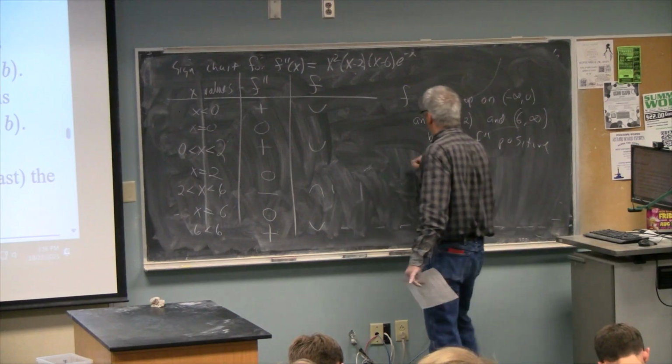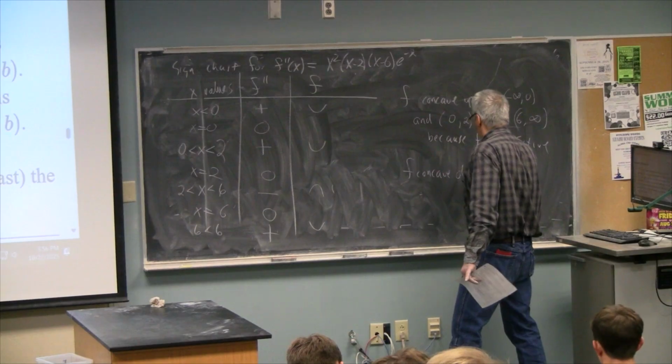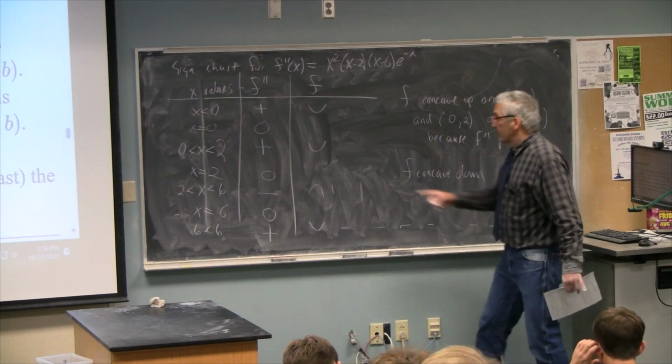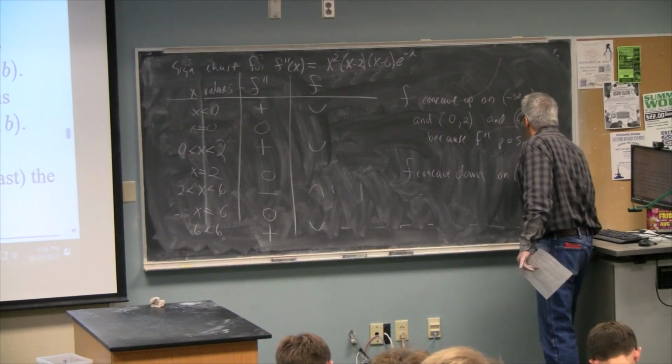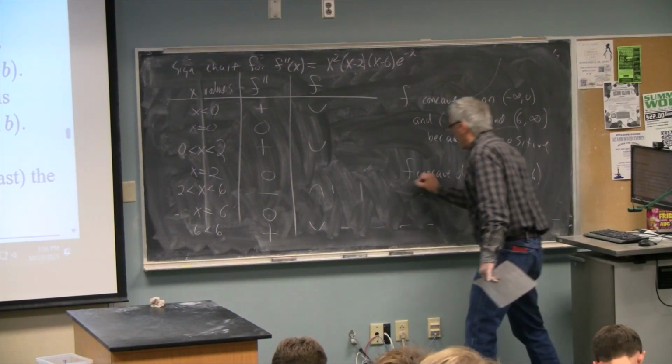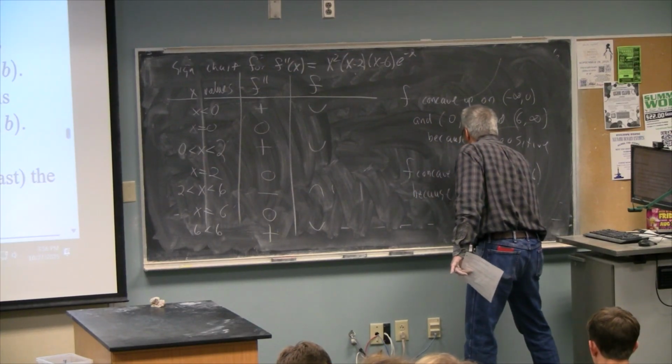And we see that f is concave down on the interval from 2 to 6. And that's because f double prime is negative.